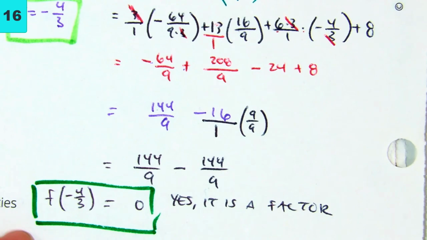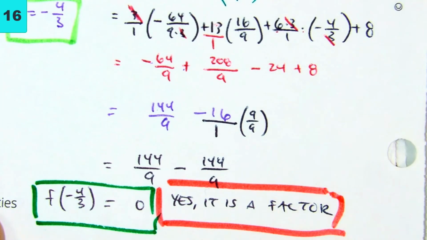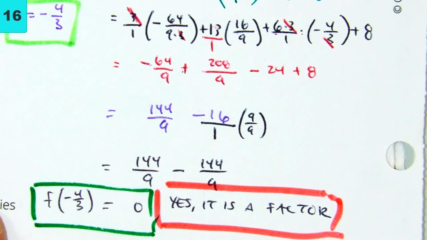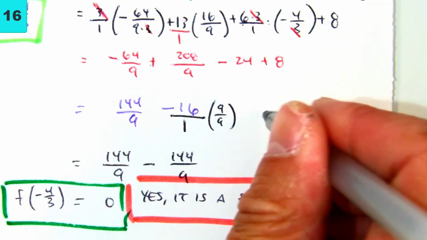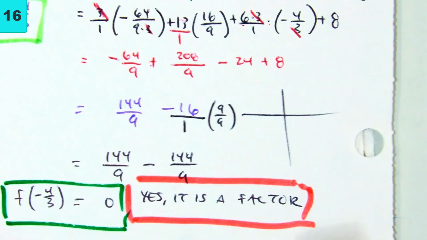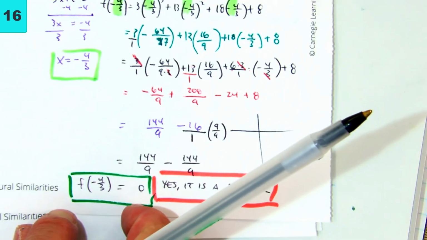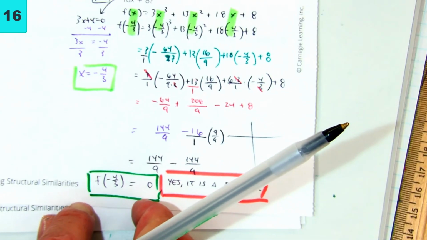And then let's go ahead and draw a quick picture. Super fast sketch just to help us understand what's happening here. I have an odd degree polynomial because it is a power of 3. I've got to zoom way out.